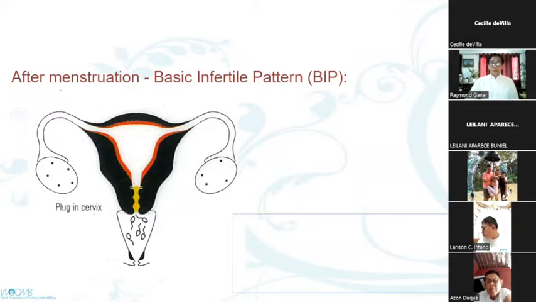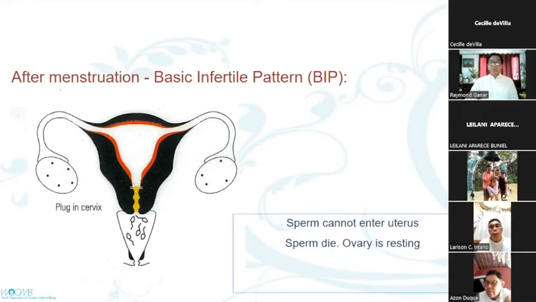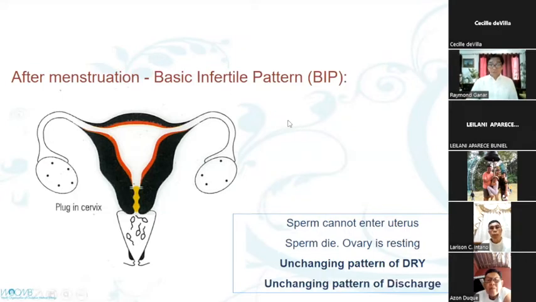Okay, let's look at the one inside the box. Sperm cannot enter during the days of BIP. Sperm dies immediately. And during the days of the BIP, the ovaries is known to be resting. And we call this type of BIP as the unchanging pattern of dry. There is another type of BIP which is not yet discussed.